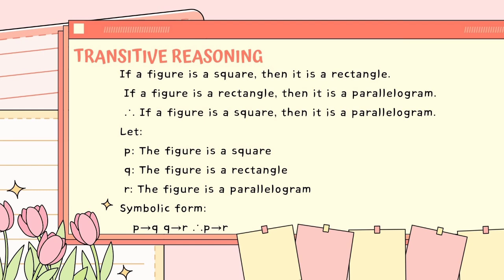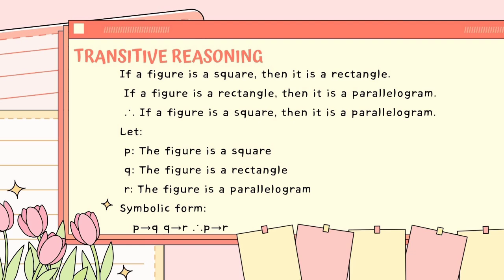So, P implies Q. Our premise 2 naman, if a figure is a rectangle, then it is a parallelogram. Q implies R. Remember, in a premise 1, Q is a rectangle. Sa premise 2 naman natin, it implies R, that it is a parallelogram. So, premise 2, Q implies R.